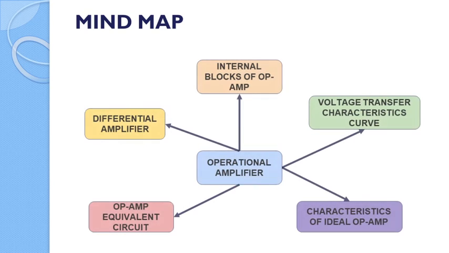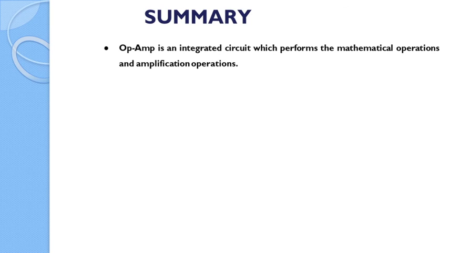Mind map. So far we have discussed the operational amplifier equivalent circuit, characteristics of an ideal op-amp, voltage transfer characteristics of the operational amplifier, internal block of the operational amplifier, and the differential amplifier. In summary, an op-amp is an integrated circuit which performs mathematical operations and amplification operations.